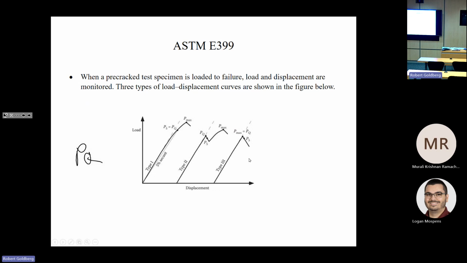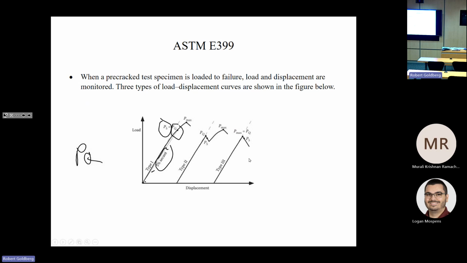On one hand, you can do this 5% secant line here, a line from the origin with a slope equal to 95% of the initial loading slope, and where this line intersects your load displacement curve, that's this P5.